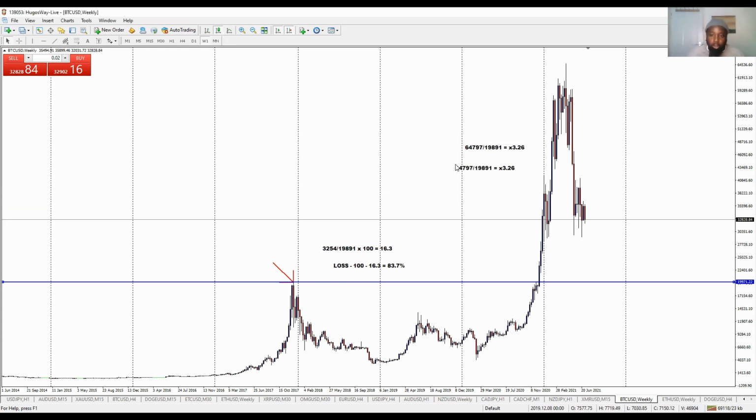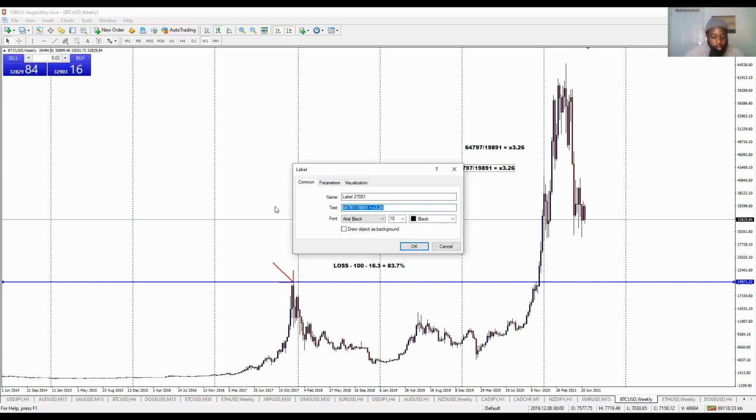In other words, that's your ROI on whatever you invested. If you want it in percentage, you just times it by 100, but 3.26x is the same as saying you gained 326%. So if you invested $1,000, that would equal $3,260.